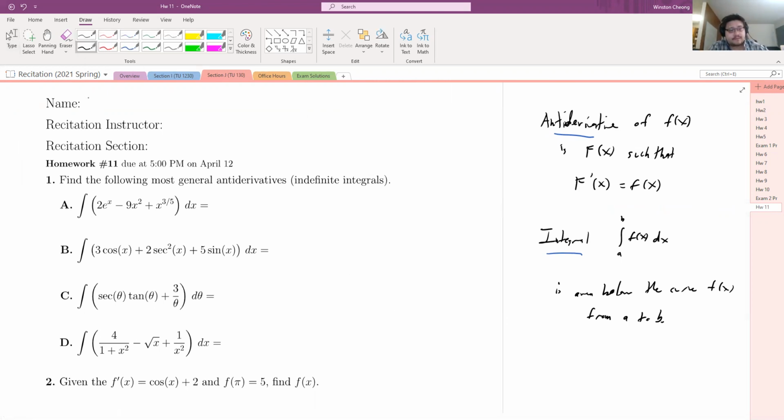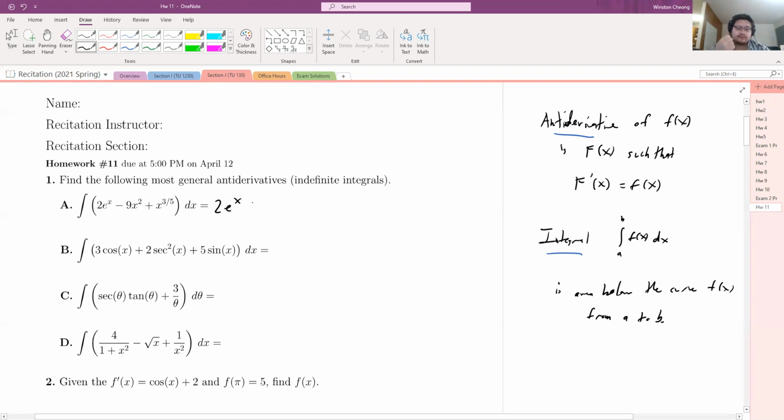Okay, now let's go ahead and compute some of these integrals. You should remember that the derivative of the exponential function is just the exponential function. And so the first term is just going to be 2e to the x. You take the derivative of this, you arrive back at the original. For this 9x squared, you have to think about the power rule in reverse.